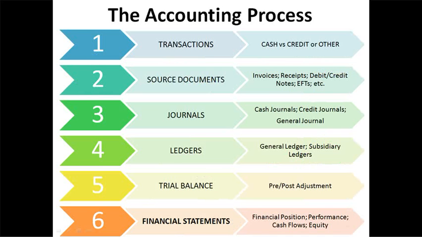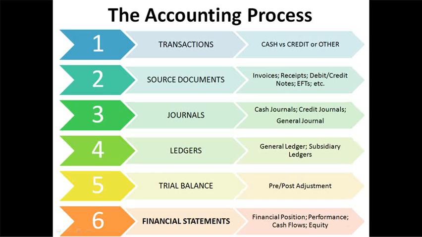Just to summarize all of that in a step-by-step process, we spoke about a transaction. We know that you get different types of transactions. Cash and credit are the more common ones. You do get others as well. Then we know those transactions must be recorded in the source document. That's step number 2. Source documents record transactions, so they act as the proof.